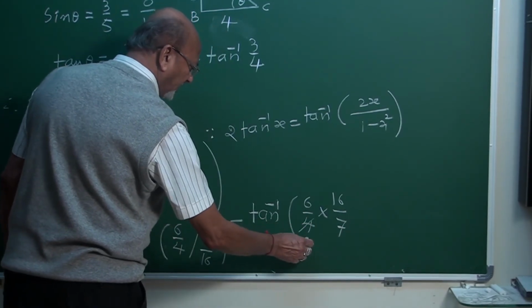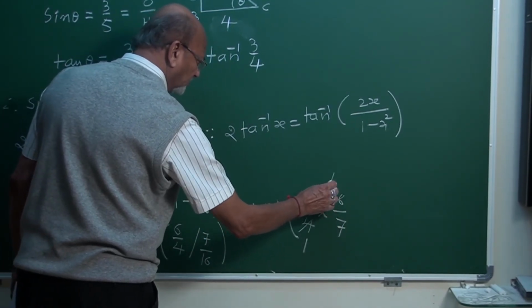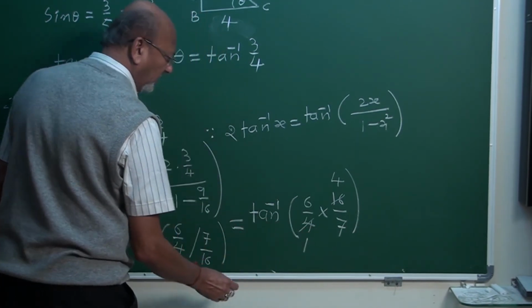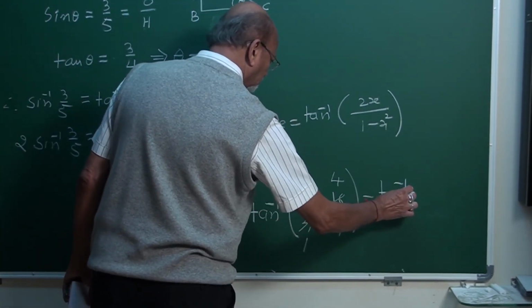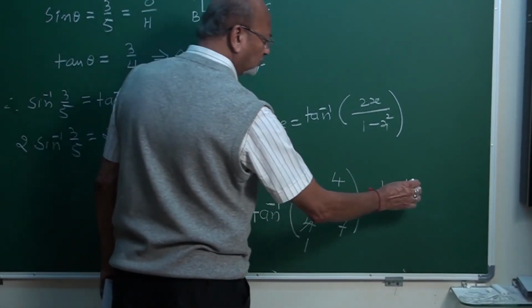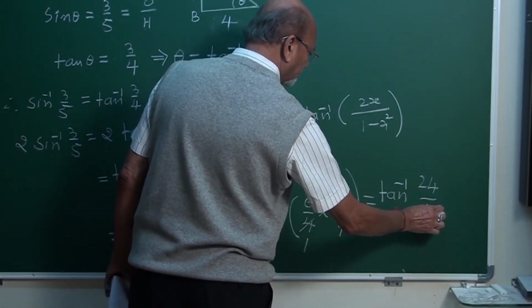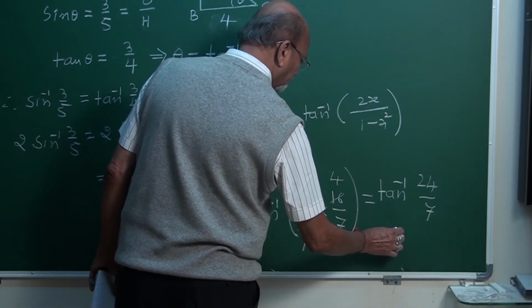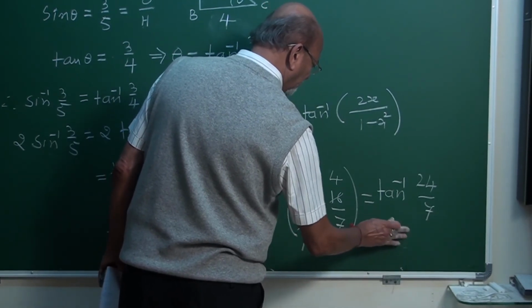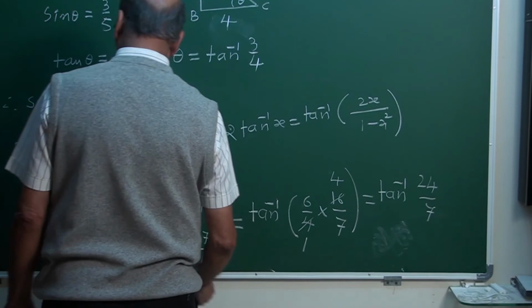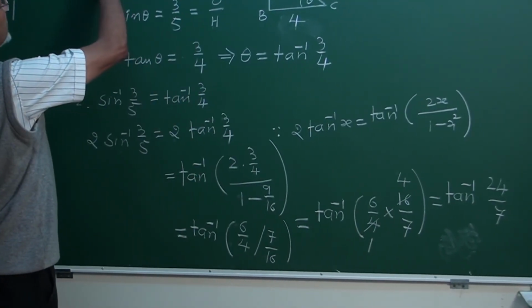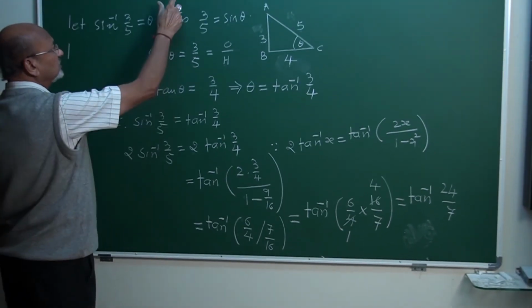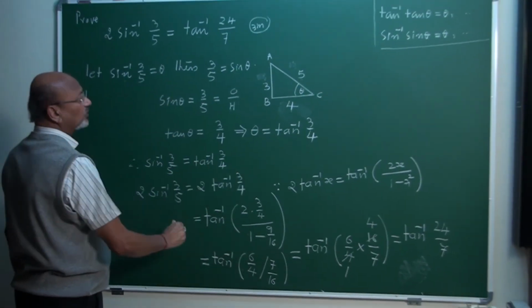Yes, 4 cancels with 16. Equal to tan inverse of 6 into 4, 24 upon denominator 7. Tell my friends, is it your RHS? So 2 sin inverse 3 by 5 is tan inverse 24 upon 7.